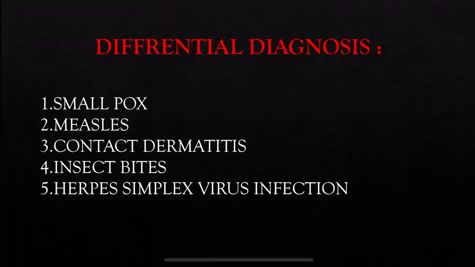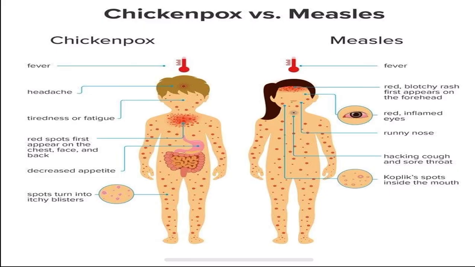So let's just compare between chickenpox and measles. In chickenpox and measles, both the patient suffers with fever. In chickenpox, we know all the signs and symptoms. The patient is going to have fever, headache, backache, malaise, tiredness, fatigue. Red spots, where do they first appear?